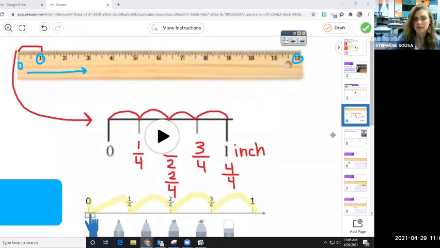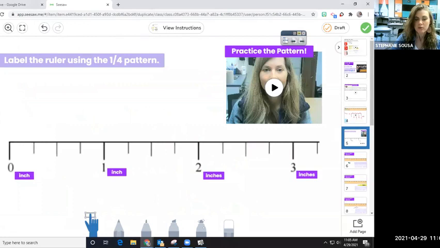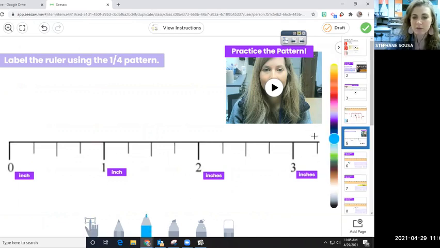Okay, let's take a look at our first task. We're going to practice labeling the pattern, okay? So this is a ruler that has shown from 0 to 3 1/4 inches. We're going to label this pattern. Please get your pens ready to write with me. We start at 0.